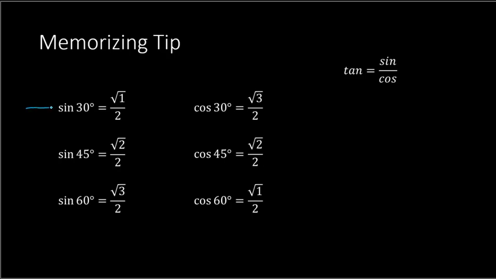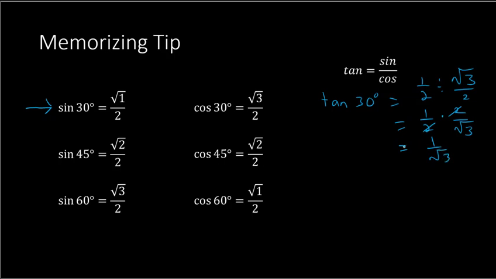So for example, if you're trying to find the tangent of 30 degrees, what that means is we take the sine of 30, which is square root of 1 over 2, or just 1 over 2, and then divide by the cosine of 30, which is the square root of 3 over 2. When you divide, that's the same thing as multiplying by the reciprocal, which would be 2 over the square root of 3, and then the 2's cancel out. You're left with 1 over the square root of 3. Then you can rationalize that as well if you want.